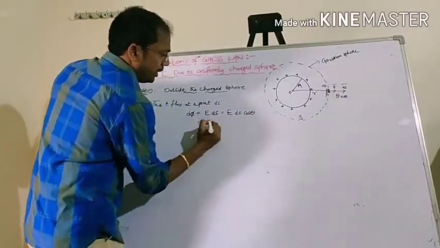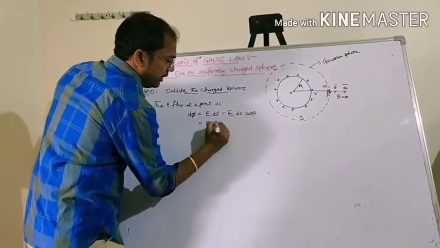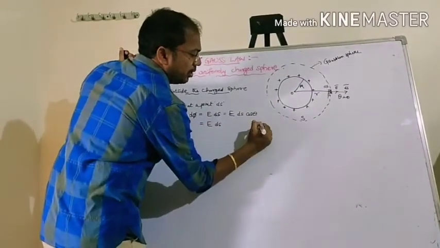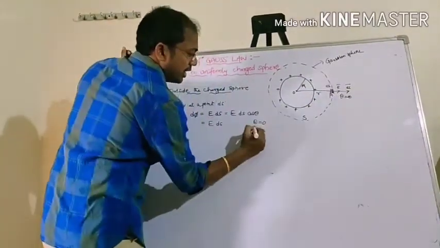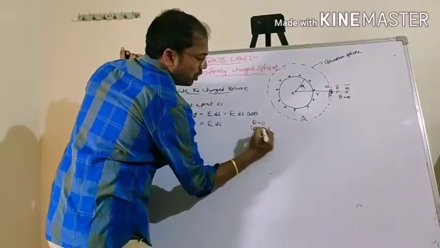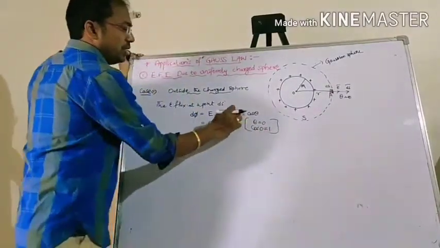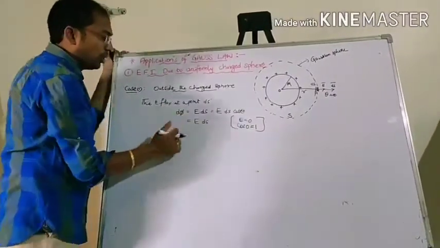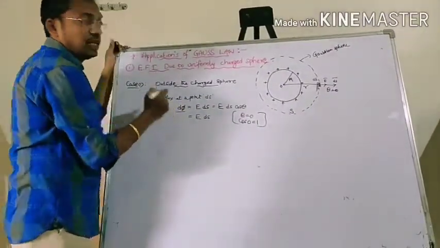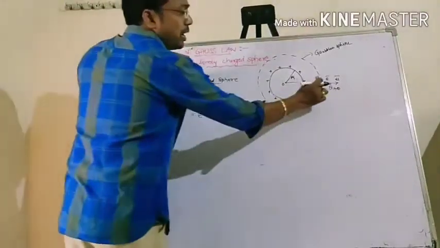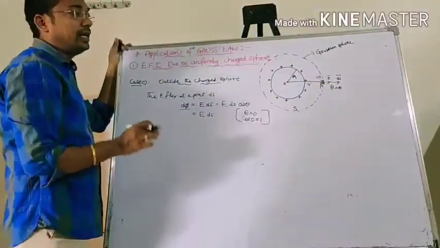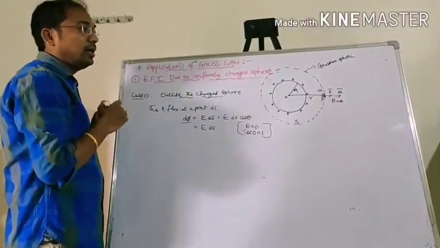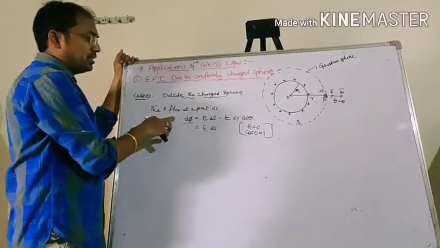Here theta is 0, so cos 0 is equal to 1, so we write E ds. This is the electric flux because of the small area ds. We discussed electric flux in previous topics.